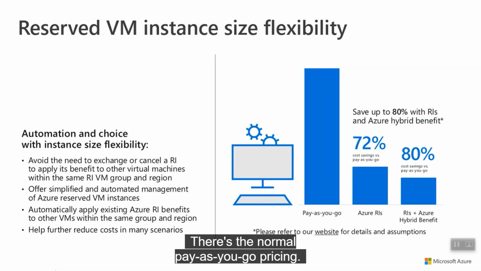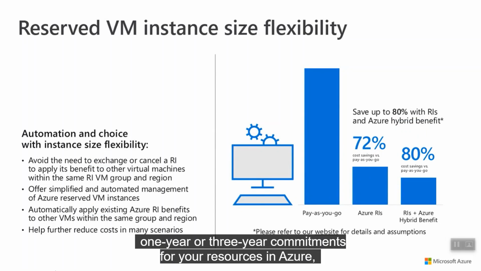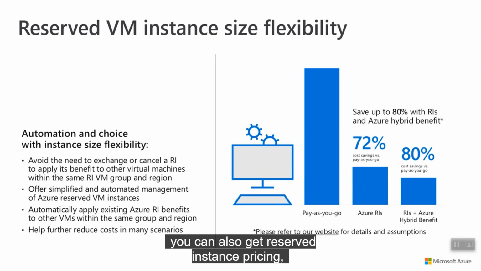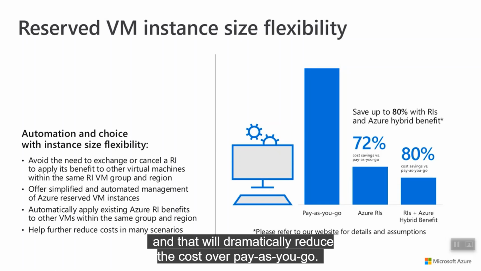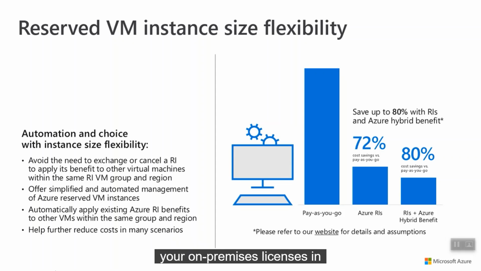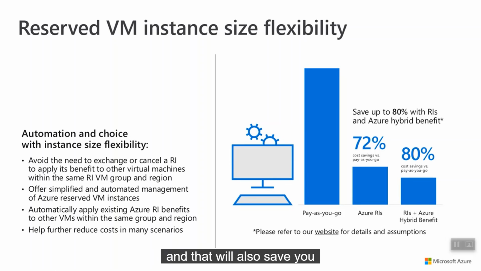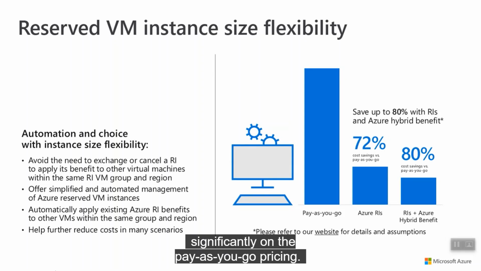There are also some opportunities for you to save some cost in Azure. There's the normal pay-as-you-go pricing, but if you make a commitment to 1 year or 3 year commitments for your resources in Azure, you can also get reserved instance pricing, and that will dramatically reduce the cost over pay-as-you-go. You can add on to that Azure Hybrid Use benefit, which is really the ability to repurpose your on-premises licenses in Azure and leverage them in both places, and that will also save you significantly on the pay-as-you-go pricing.